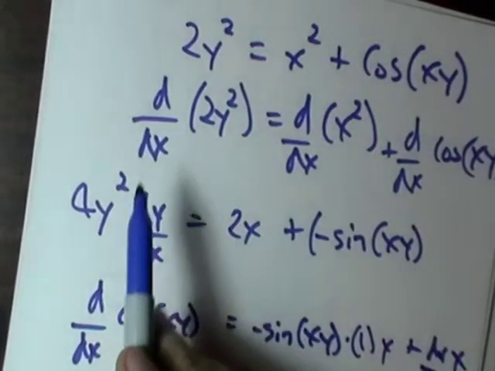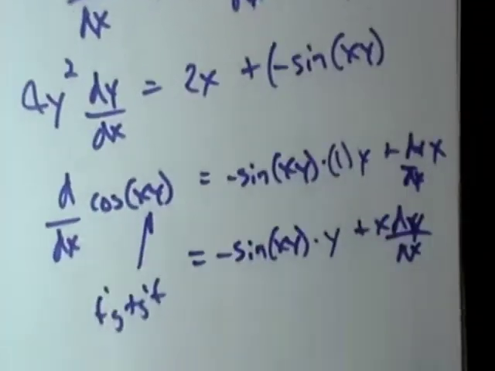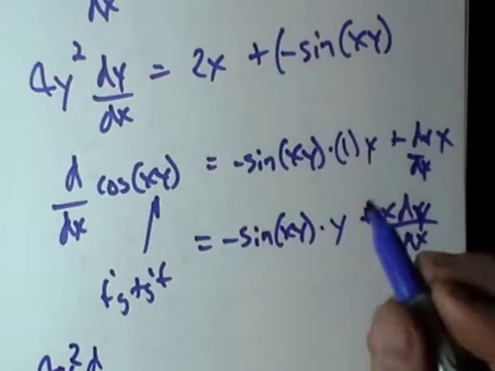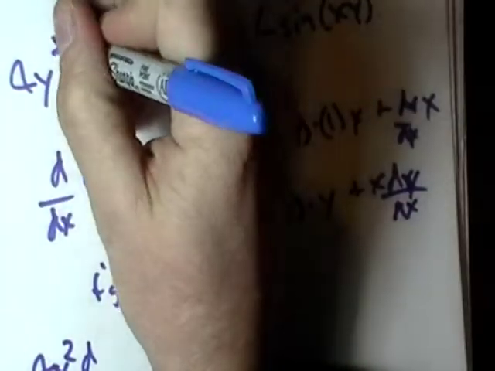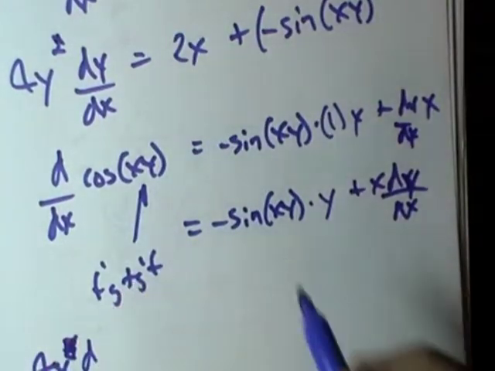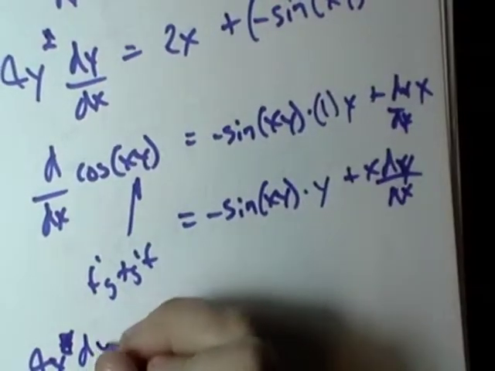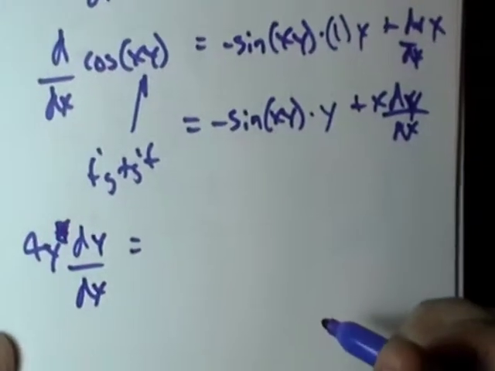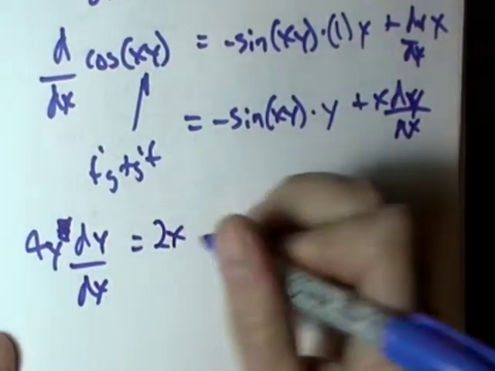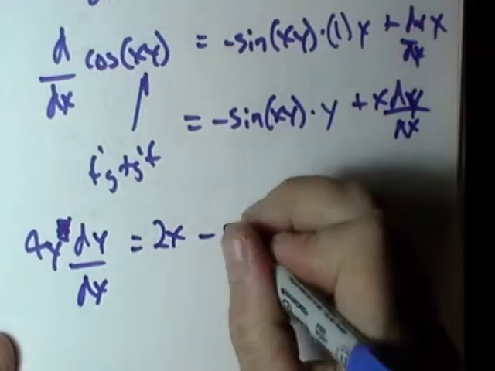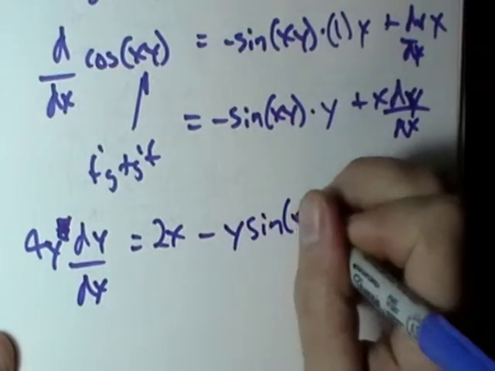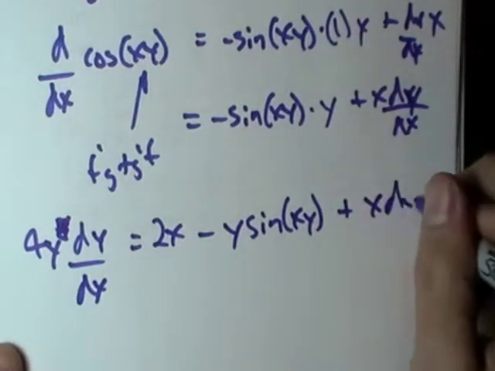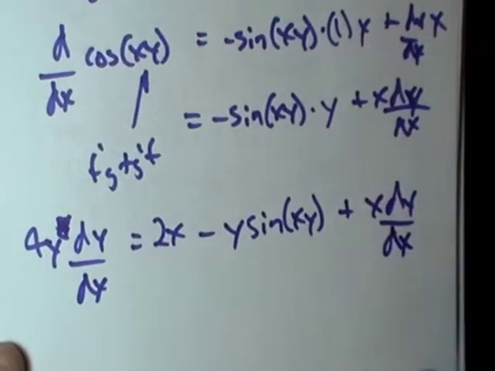So let me just take these two things and put them back down there. So that's 4y, actually I messed up there. It's 4y dy dx equals 2x minus y sine xy plus x dy dx.